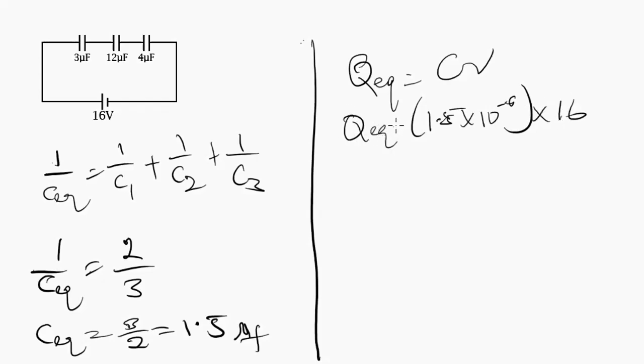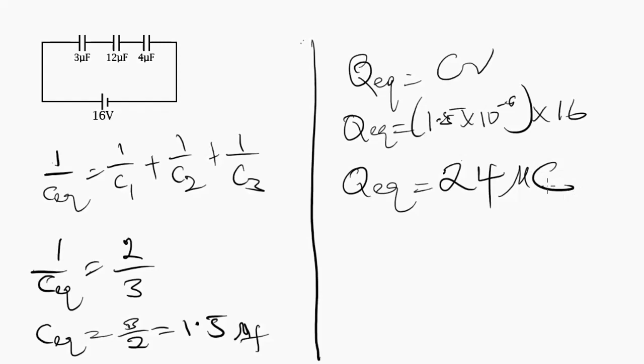So our Q will now become 24 microcoulombs. In order for us to get the potential difference across each capacitor, let's note that the potential difference across each capacitor will vary. This is because these capacitors are connected in series. So I'll go ahead and wipe this. Let's calculate the individual potential difference across each capacitor.